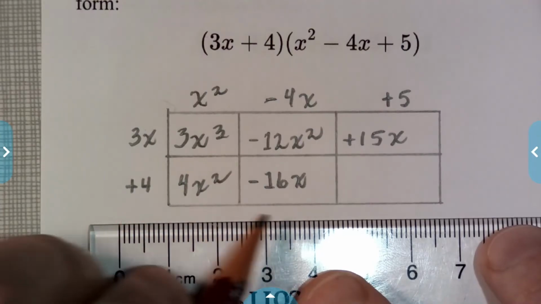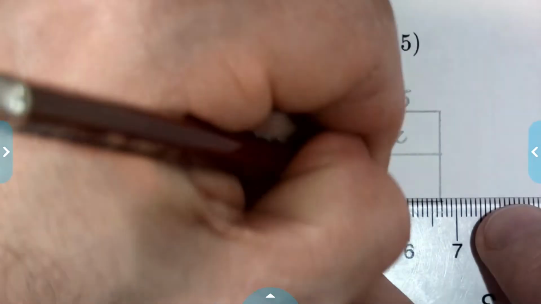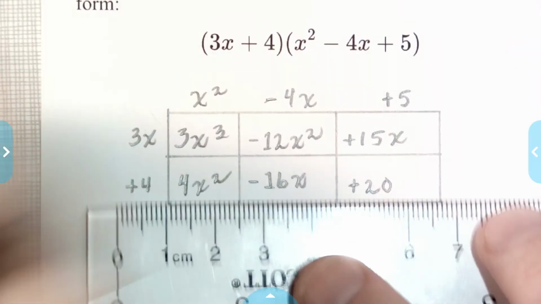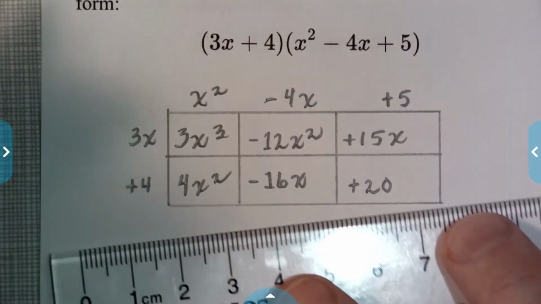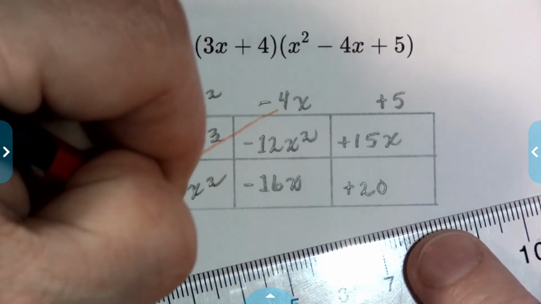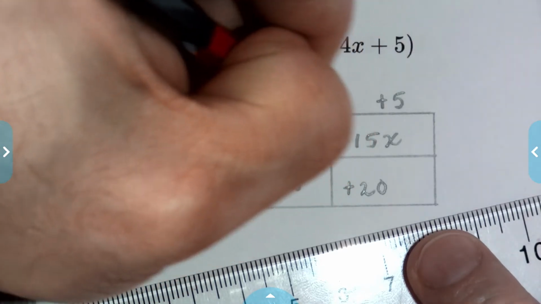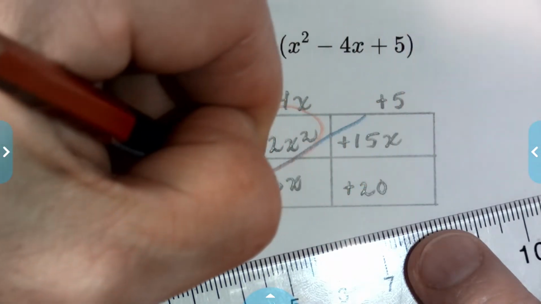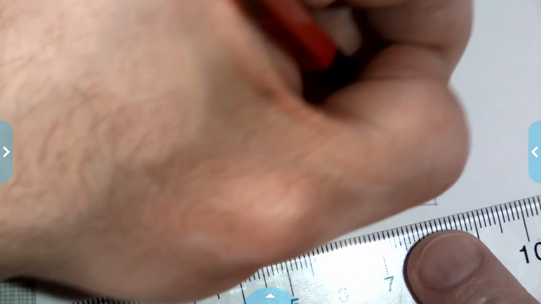And now time for constant land, 20 plus 20. All right, so we can combine these, and then we can combine these.